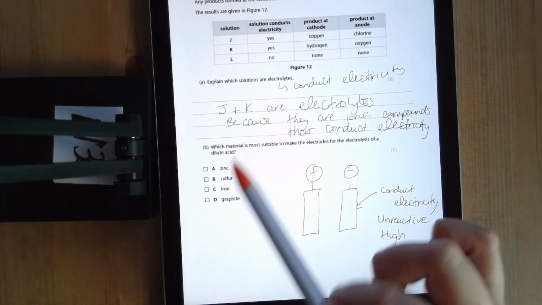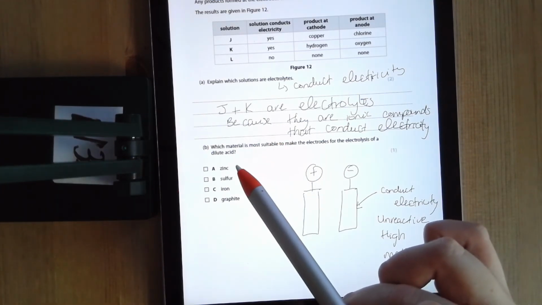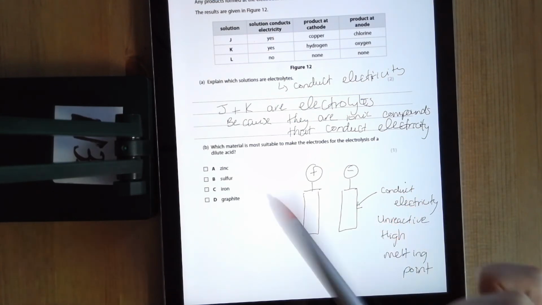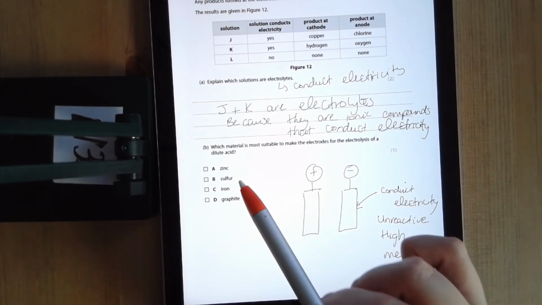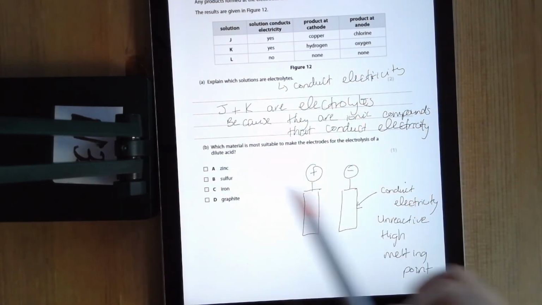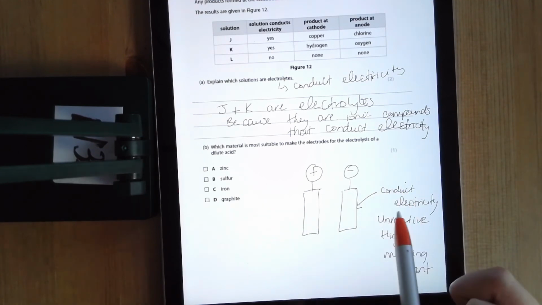Now we need to look and see which one of these is going to fulfill that criteria. All right, you've got zinc. Zinc is a metal, so it can conduct electricity, but it's not unreactive. Sulfur is a non-metal. It doesn't conduct electricity, so it's not going to fulfill the criteria. Iron, it's a metal. It does conduct electricity, but it's not unreactive.